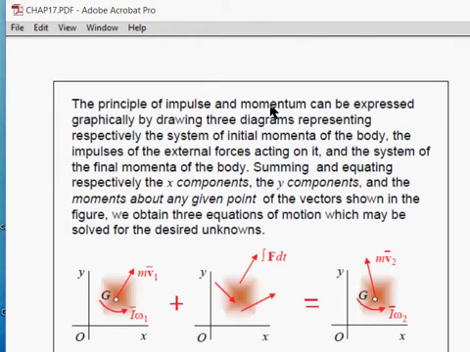So this can be expressed by drawing these three diagrams. And if you have the momentum afterwards, it would be equivalent to the mass times acceleration of the center of mass and the moment of inertia times rotation about the center of mass.